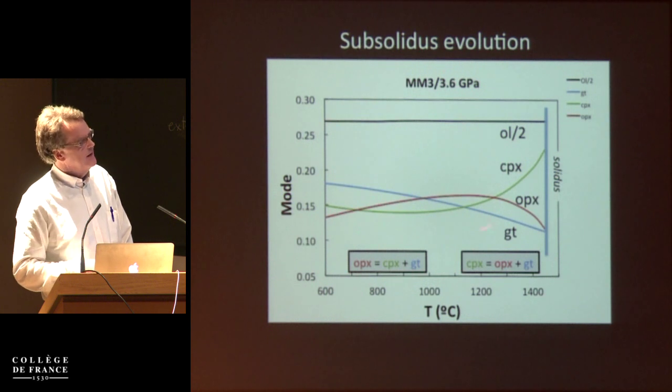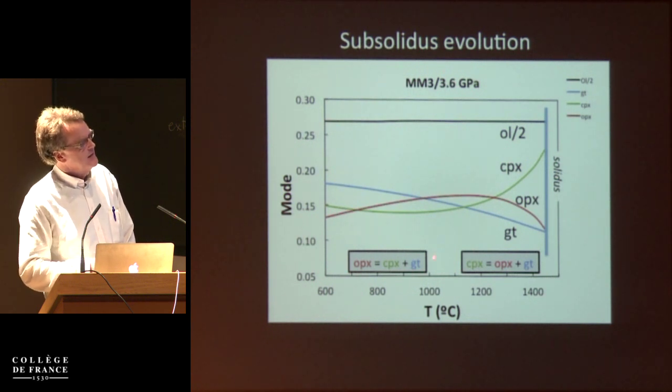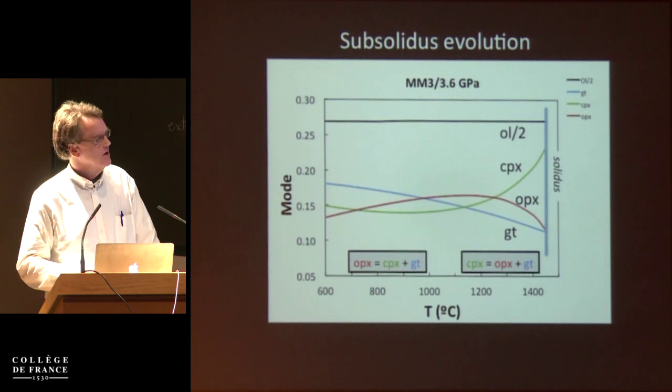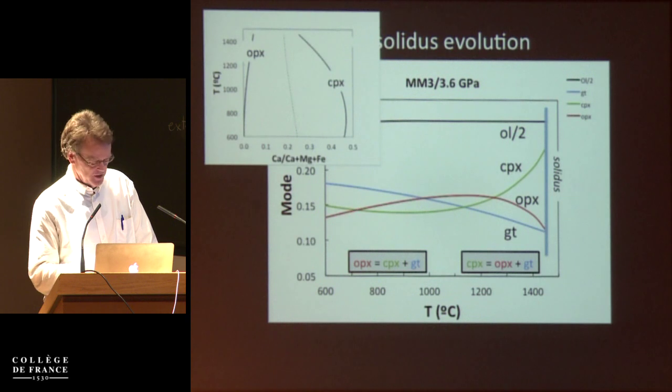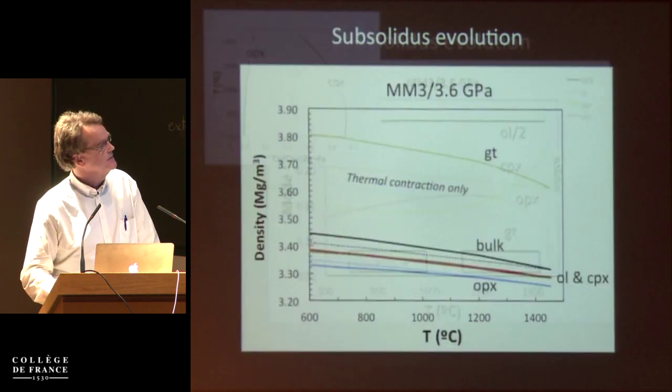And in fact, at temperatures above maybe 1000 or 1100 degrees, orthopyroxene is on the left side of the reaction producing orthopyroxene and garnet, and it switches over here. That's, of course, very much related to the nature of the solvus for the pyroxenes.